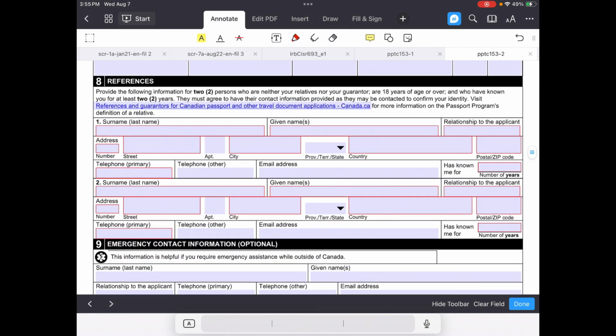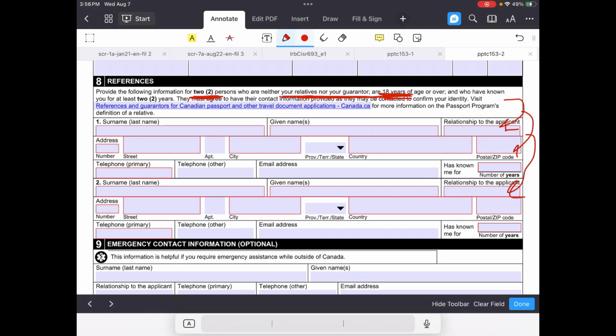For the references, you have to include the information for 2 people that are not your family members or relatives and are not your guarantor. They must be over the age of 18, and they must allow you to include their information here.